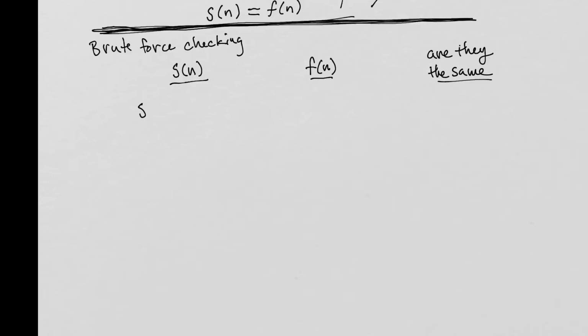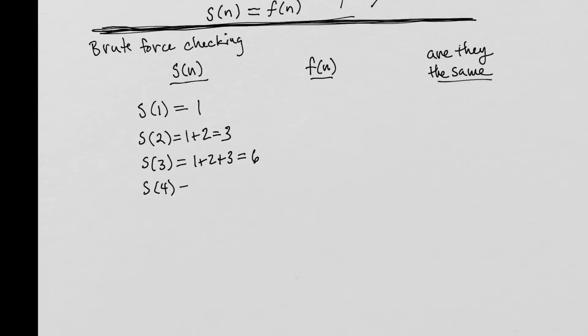And so S of 1 was just equal to 1. Maybe we'll fill in a few values really quickly here. S of 2 is 1 plus 2, which is 3. S of 3 is 1 plus 2 plus 3, which is 6. S of 4 is 1 plus 2 plus 3 plus 4, which is 10.